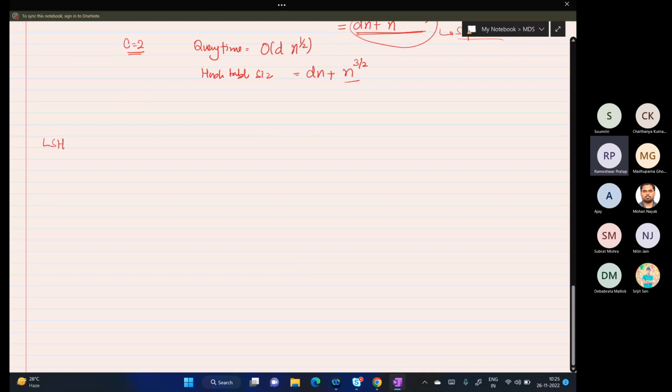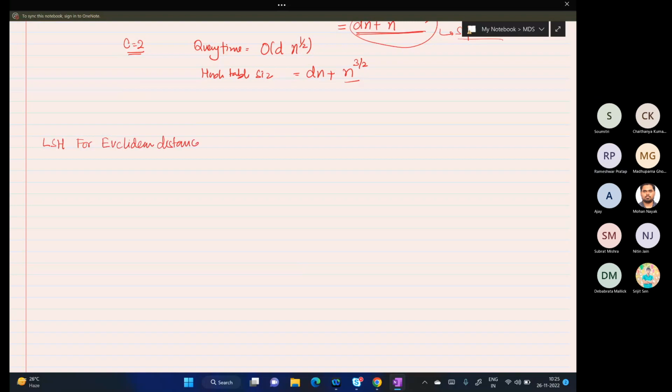So now let's focus on LSH for Euclidean distance. Again, in case of LSH, we would like to have some hash function such that if there are 2 points which are similar, basically their Euclidean distance is small, then with high probability their hash code should be same.